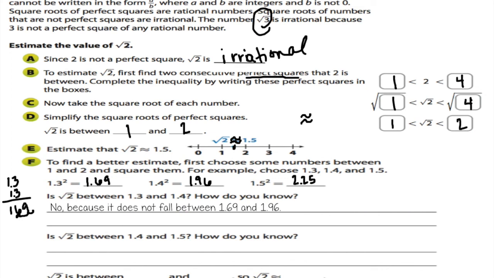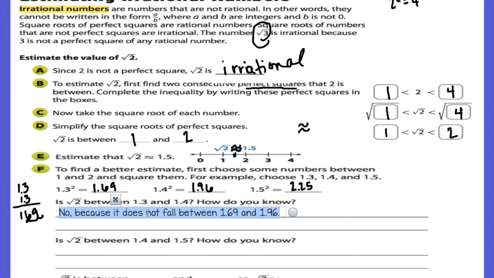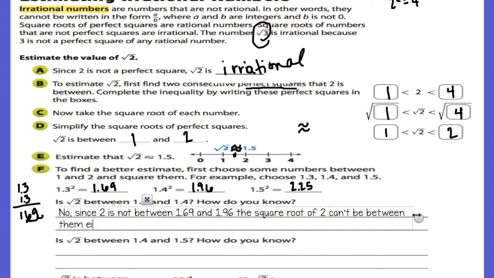So no, since 2 is not between 1 and 69/100 and 1 and 96/100, the square root of 2 can't be between them either. That's a better way of explaining it, I apologize.